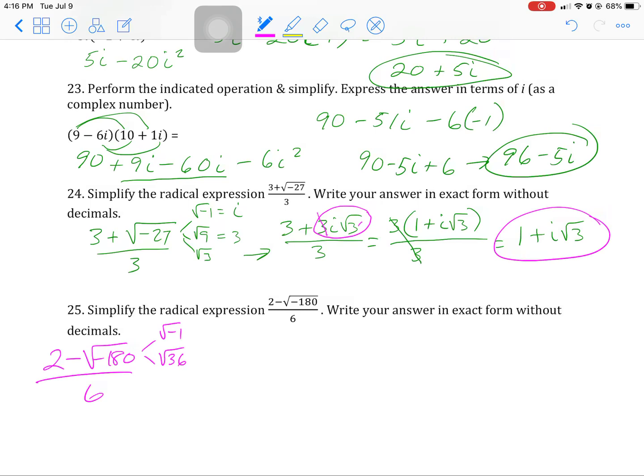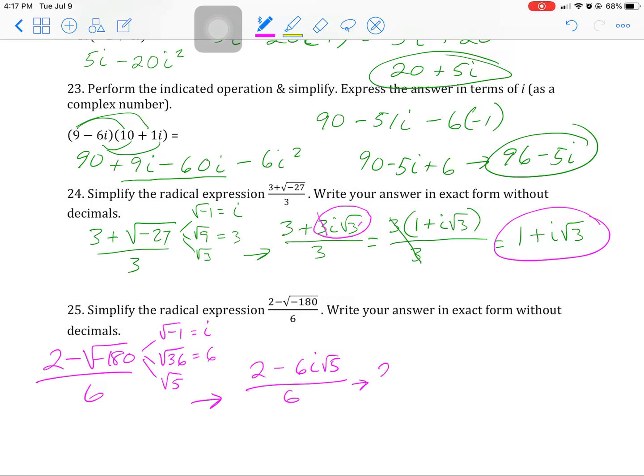Let's try. 180 divided by 36 is 5, I believe. Yes. Okay, so this is an i, this is a 6. So this is going to turn into 2 minus 6i square root of 5, over 6.